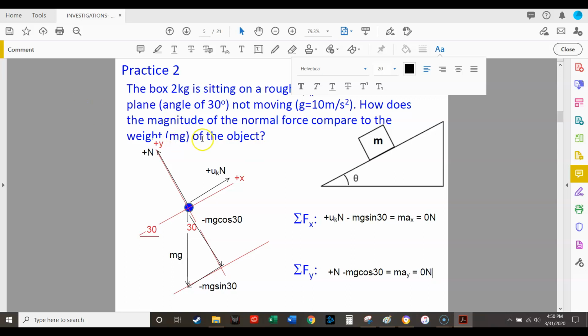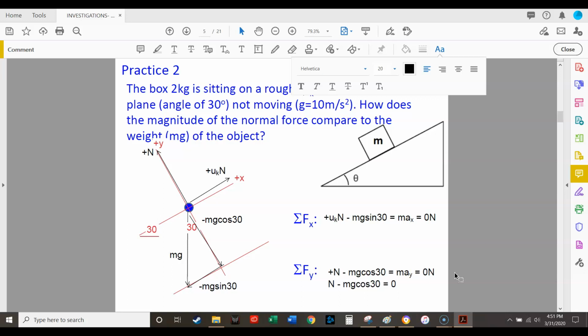So we need to, again, compare the normal force to the total weight of the object. Well, in order to do that, we're going to go ahead and use this y direction equation. Normal force minus mg cosine of 30 degrees is equal to 0. Okay?